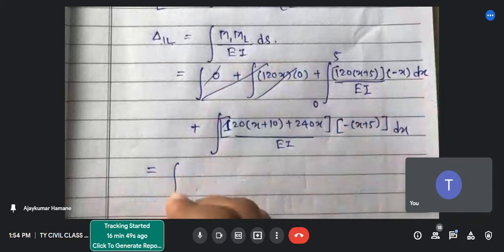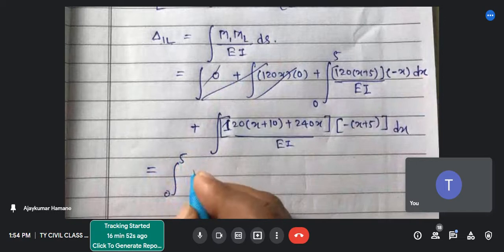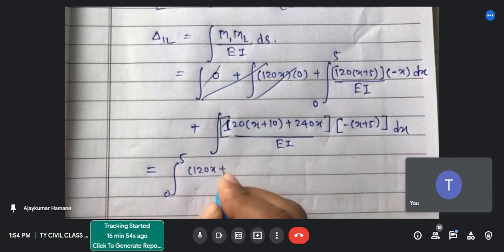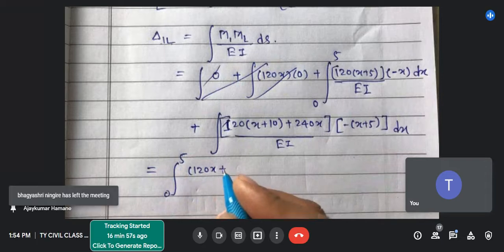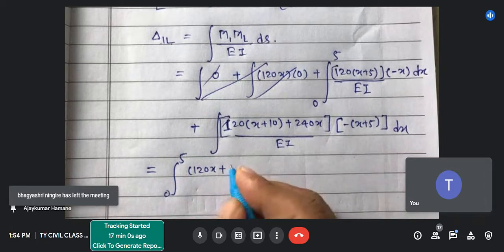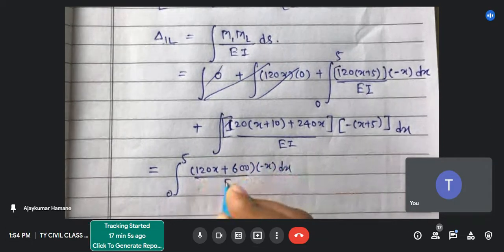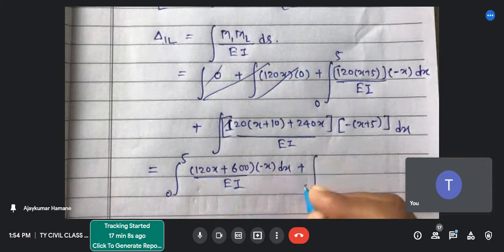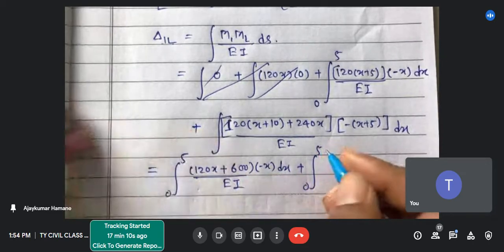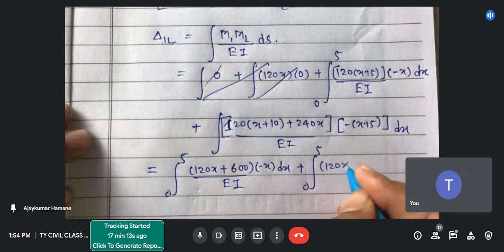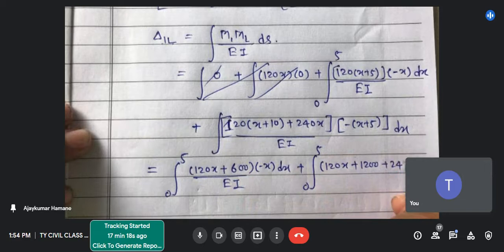So we'll solve this one. 0 to 5, 120x plus 120 into 5, 600. 600 into minus x dx divided by EI plus 0 to 5. We'll multiply this term. 120x plus 1200 plus 240x multiplied by minus, common, x plus 5.